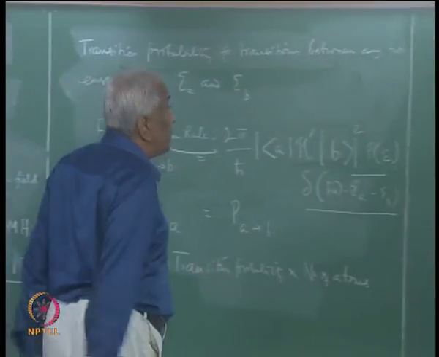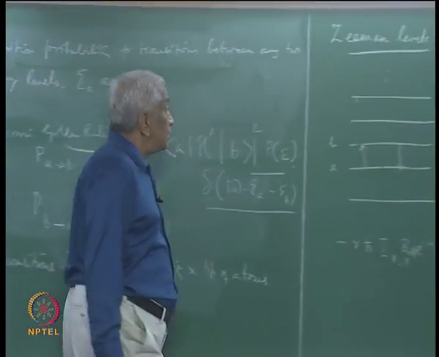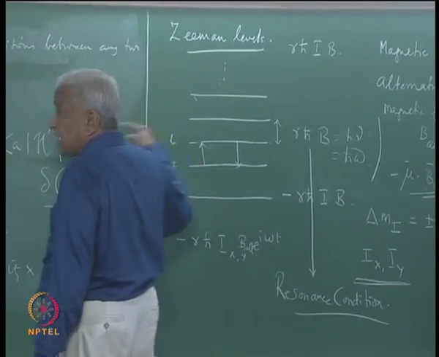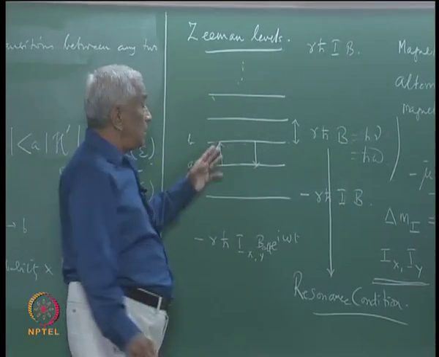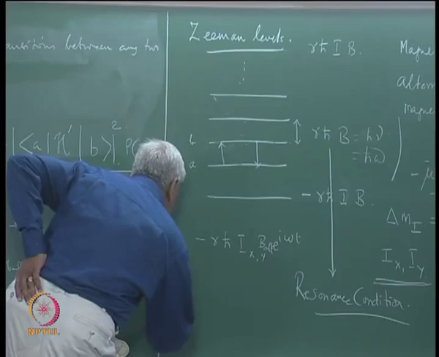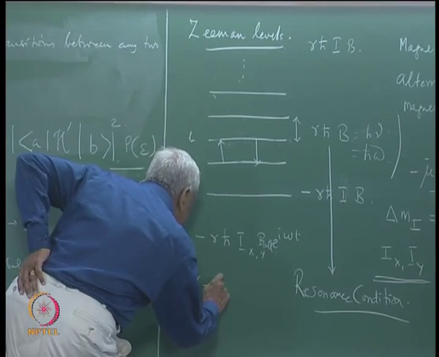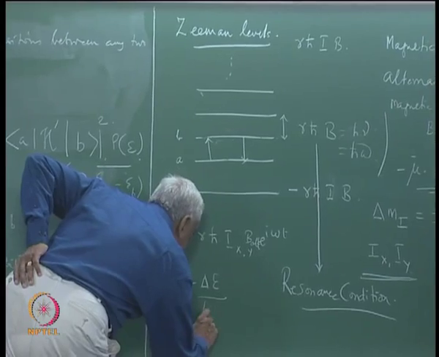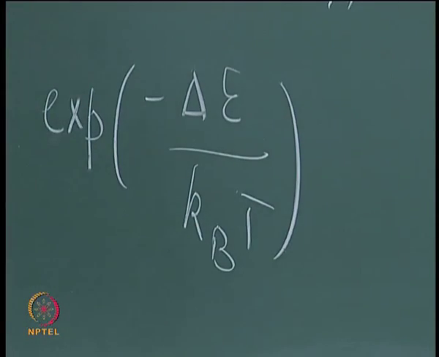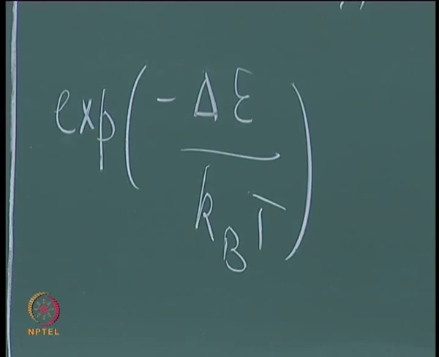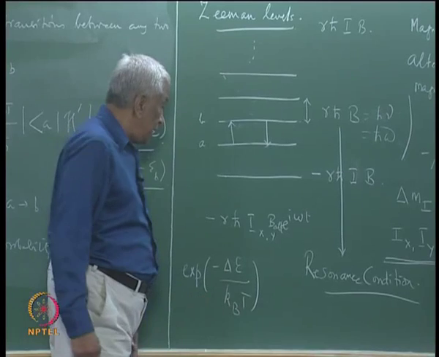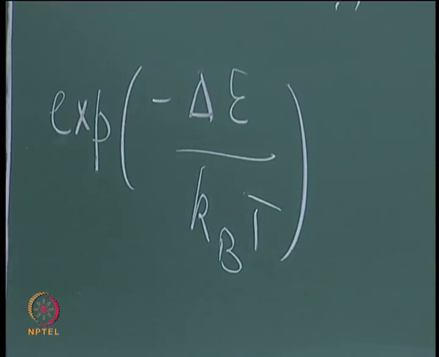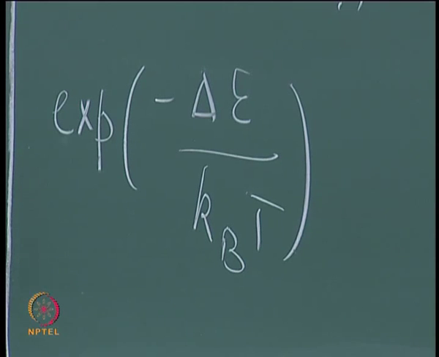Now, in thermal equilibrium, it is a standard result that if there are two energy levels with a level difference of this kind, then there will always be a population difference given by this. For any spin system in thermal equilibrium at a temperature T with a level difference delta E, the lower level will have an excess population, which will be given by this factor with respect to the upper level.